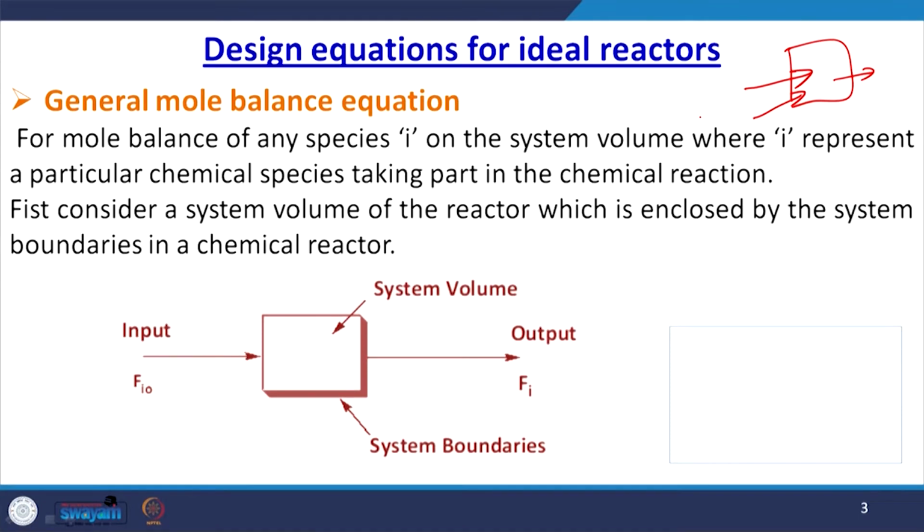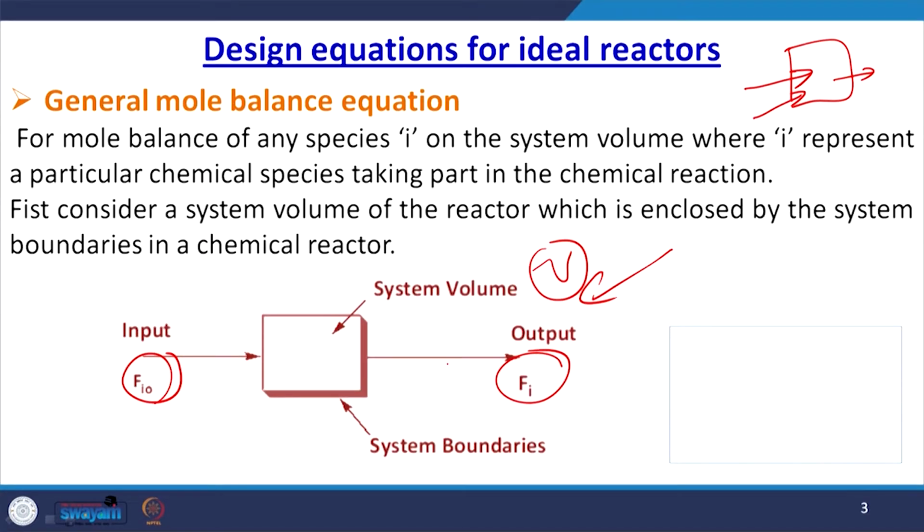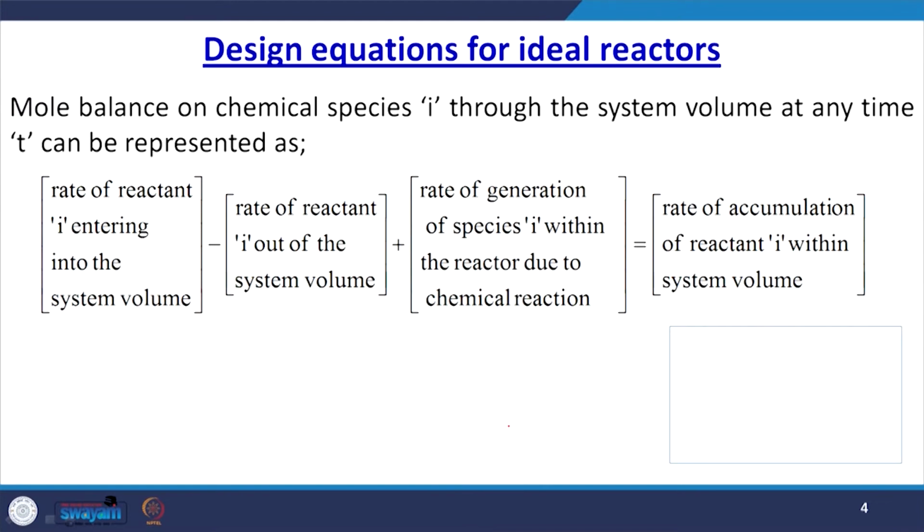Now here, the system volume is V, and you have the stream FI0, the feed of the ith species, and after a time interval t and crossing the system volume V, it has the flow rate of Fi.